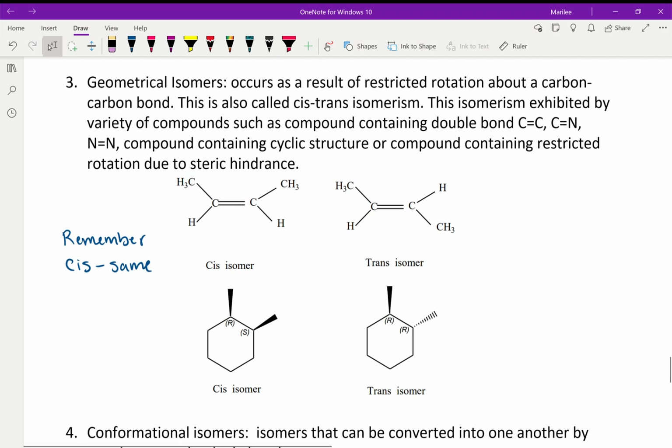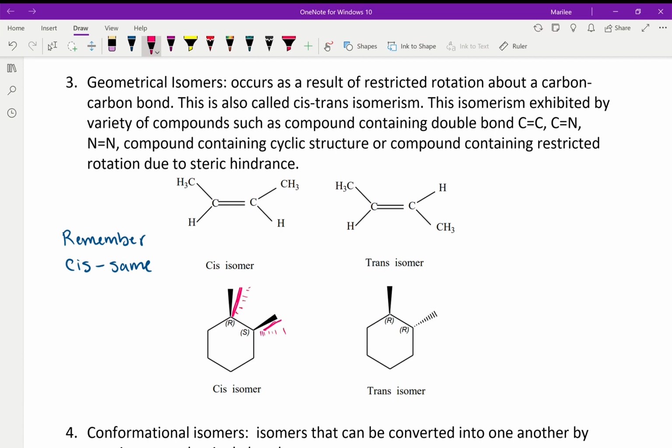If we were drawing this on a piece of paper, obviously for cis, you would have them coming in the same direction. So either both of your wedges are going to be solid, or they're both going to be dashed.